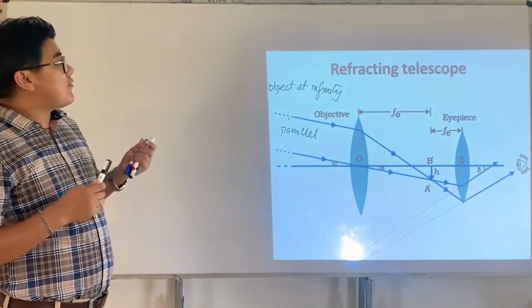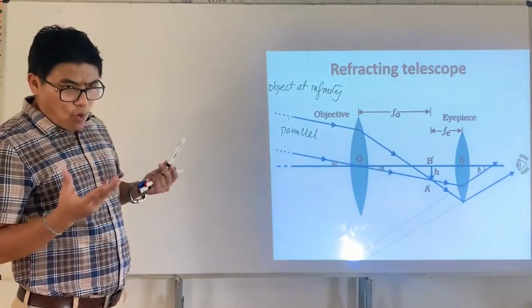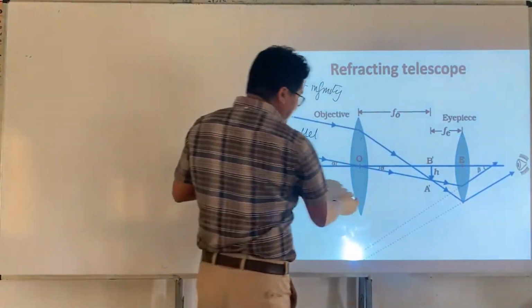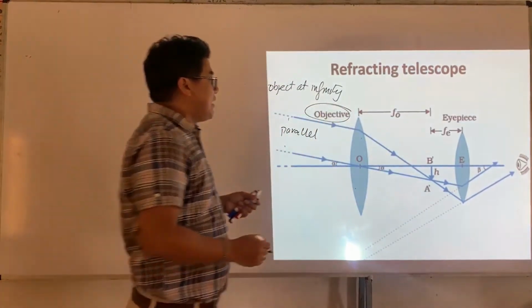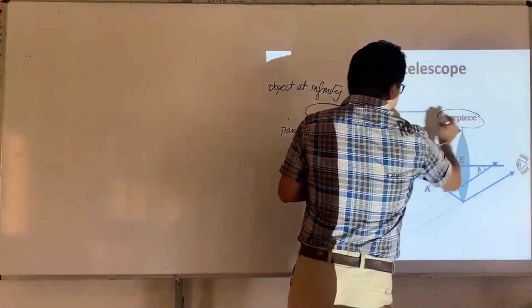In the case of a refracting telescope, it consists of two lenses. This is called the objective lens, and the second one is called the eyepiece.